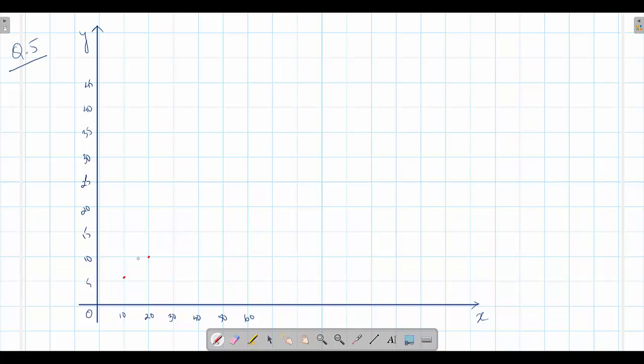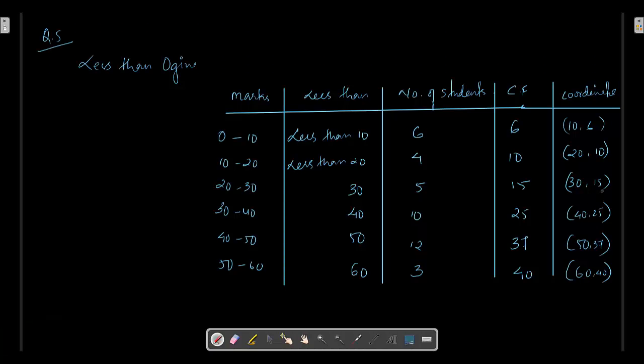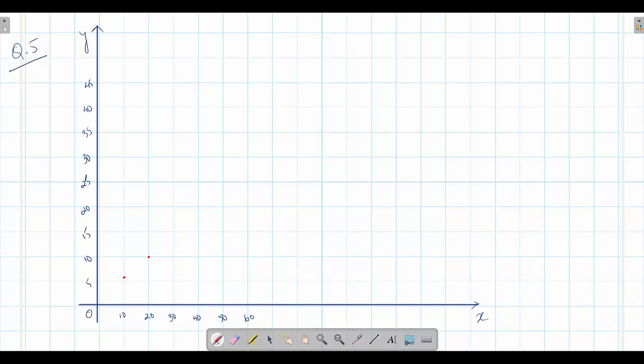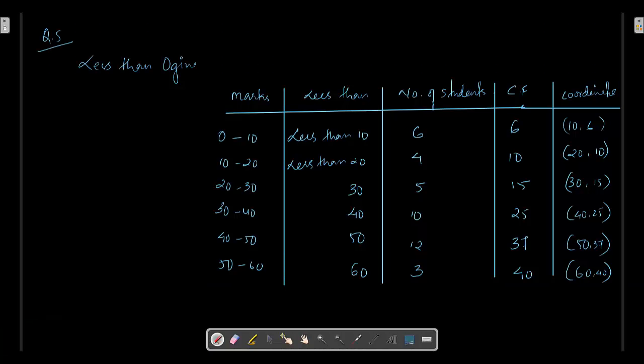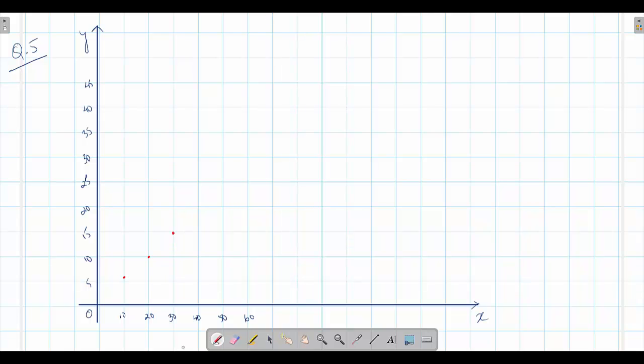All right. Less than 30, what is less than 30? Less than 30 is 15. So let's plot the point here. Next, less than 40 is 25.